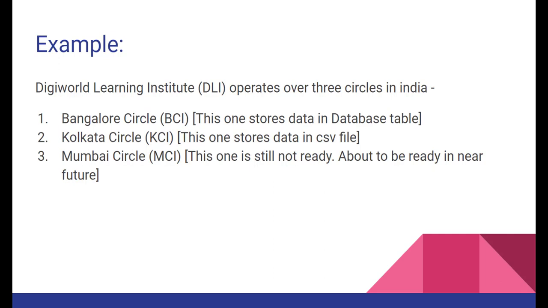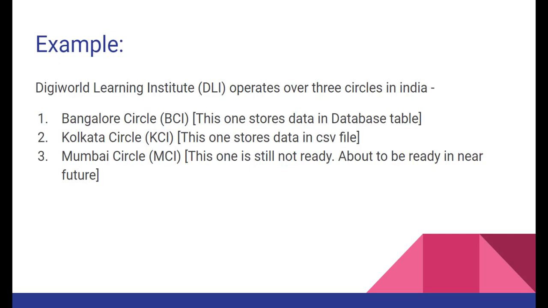In the case of Bangalore circle, the data is stored in a database table, and for Kolkata circle the data is stored in a CSV file. All right. So by just seeing this information, we can say that there are two underlying systems.